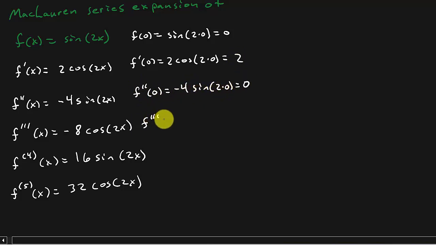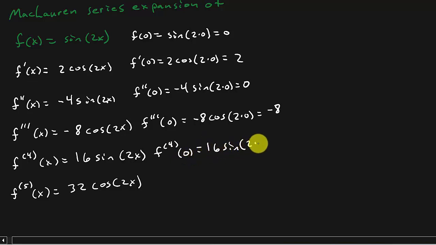F triple prime of 0, negative 8 times cosine 2 times 0 is negative 8. The fourth derivative evaluated at 0 is 16 times sine of 2 times 0, which is 0. And then the fifth derivative evaluated at 0 is 32 times cosine of 2 times 0, which is 32.